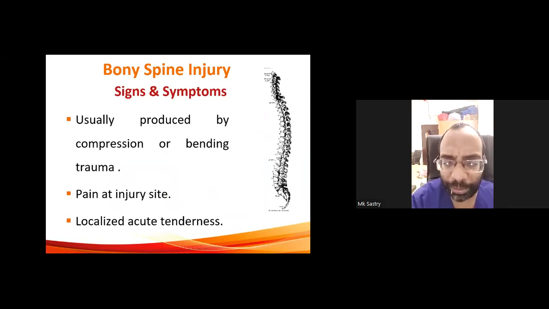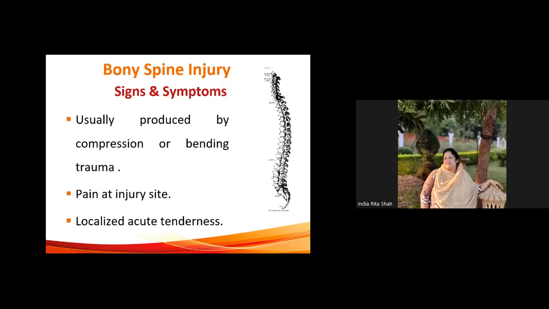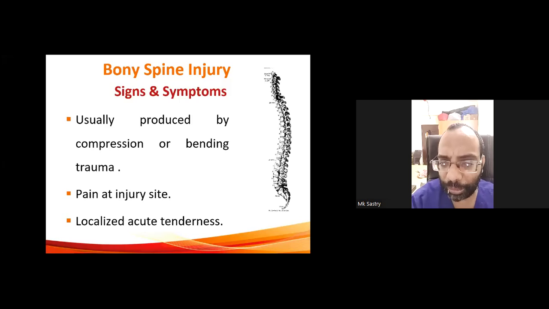Pain at the injury site, localized and acute tenderness. Right? Yes, sir. Always you will say localized, local tenderness, but it can make your spine scoliotic, means it will bend the spine and damage the entire spine. It will make the entire spine unstable and the patient may lead to what?